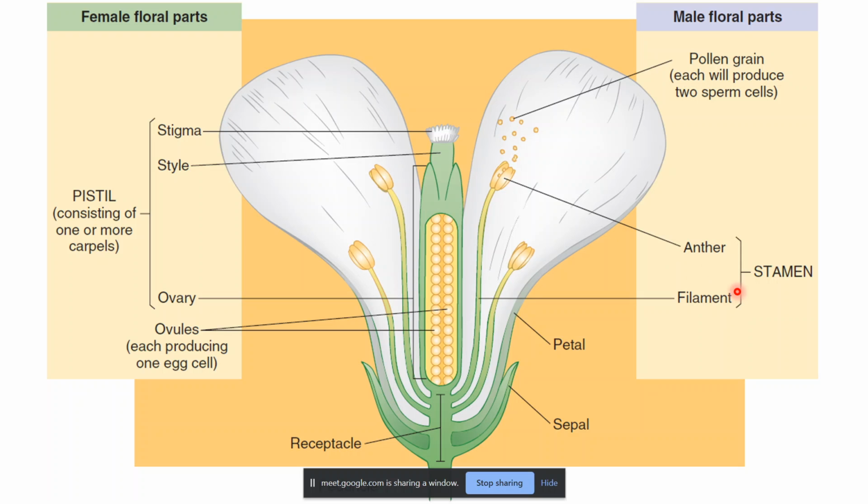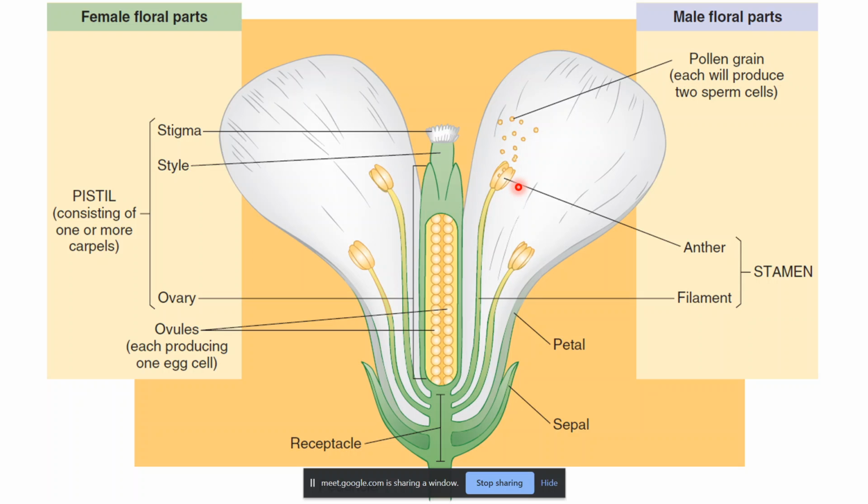The male parts are actually stamen that have filament and anther. The filament is a long leg which will hold the anther, and anther has pollen grains, and each of the pollen grains will produce 2 sperm cells.